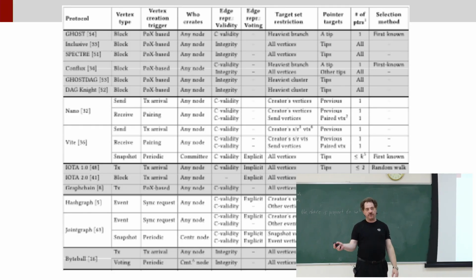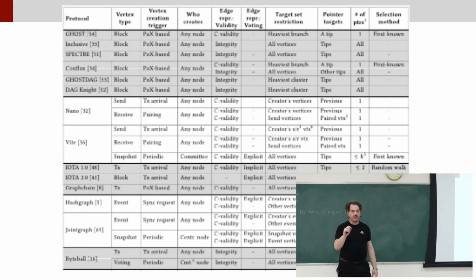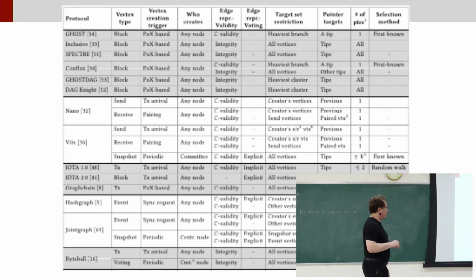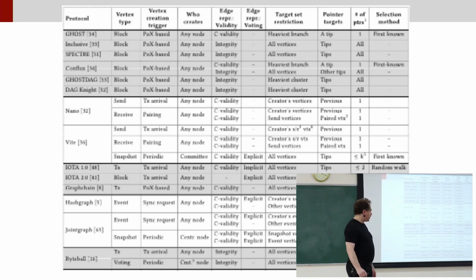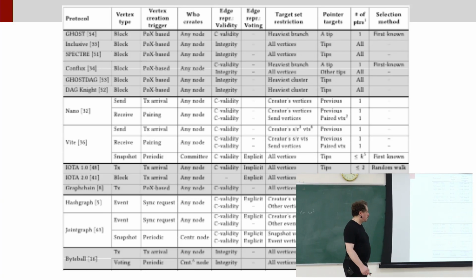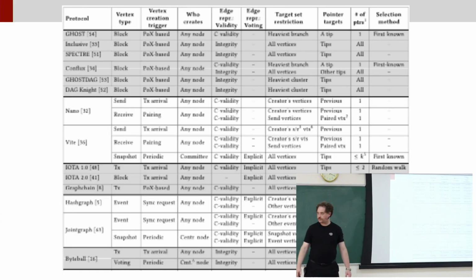I learn about 3 vertices, A, B, and C. If I learned about vertices A and B before C, then I would pick edges to A and B if they are all equivalent. And I would not create an edge to C. That's first known. So IOTA is special because it does the random walk. It's the only system which does random walks.